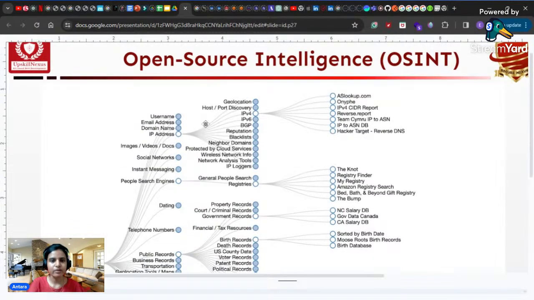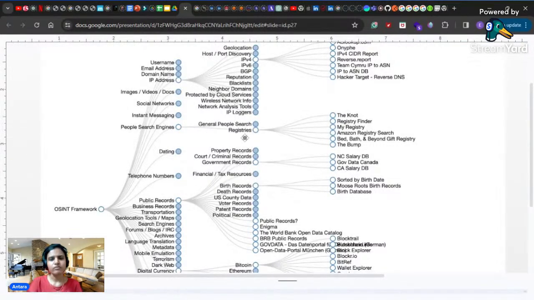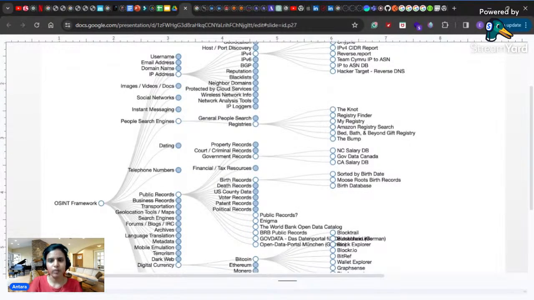For IP addresses, there are a bunch of methods that you could look for, and some public, open source tools are available where you can gather this information. Then we have registries, which contain registry search, image dumps and data.